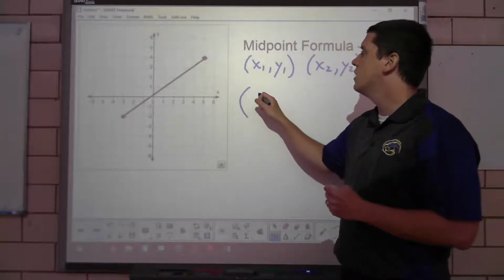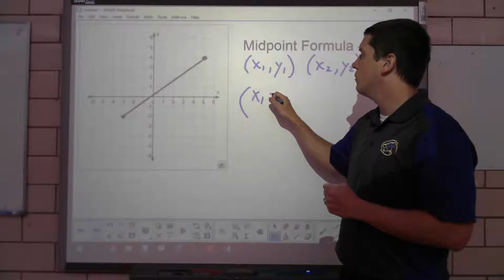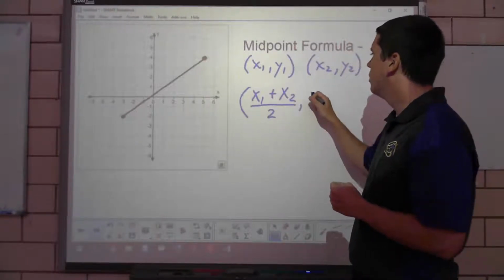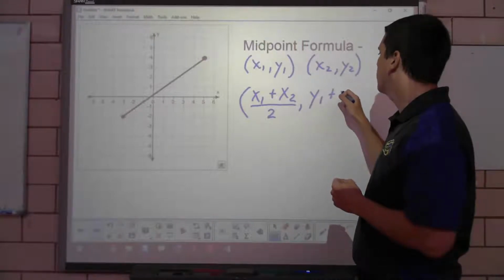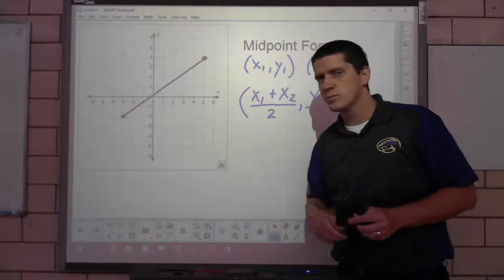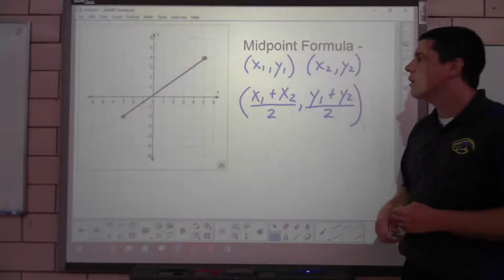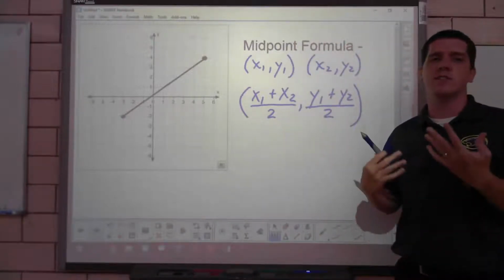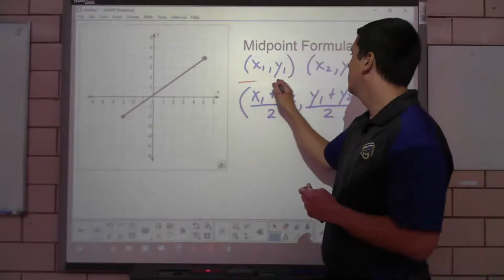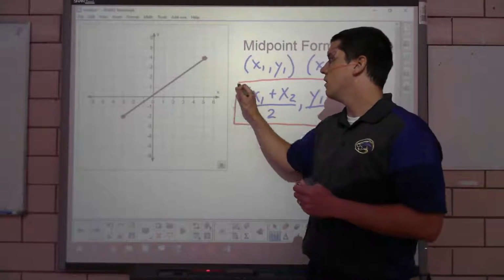It is x1 plus x2 divided by 2, comma, y1 plus y2 divided by 2. All we're simply doing here is averaging the x's and averaging the y's. But right here, this is the formula that we need.